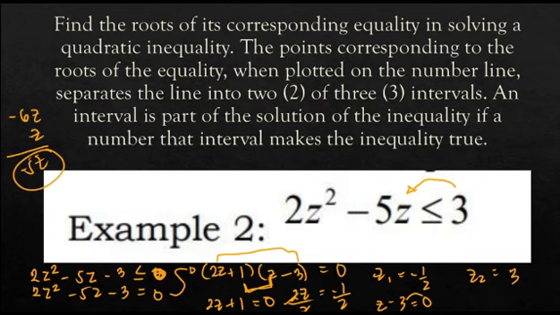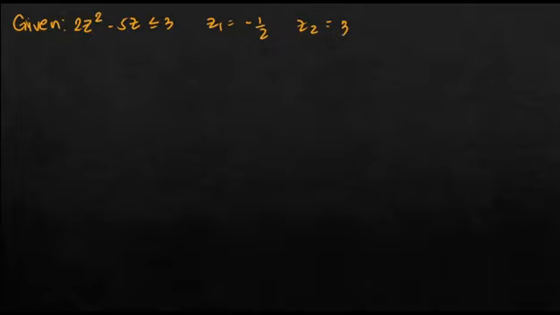Okay, so I'll go over now here. Going back, with the given, let's put it here. So, our given is 2z squared minus 5z less than or equal to 3. So, we have solved a while ago that z sub 1 is equal to negative 1/2 and z sub 2 is equal to positive 3.